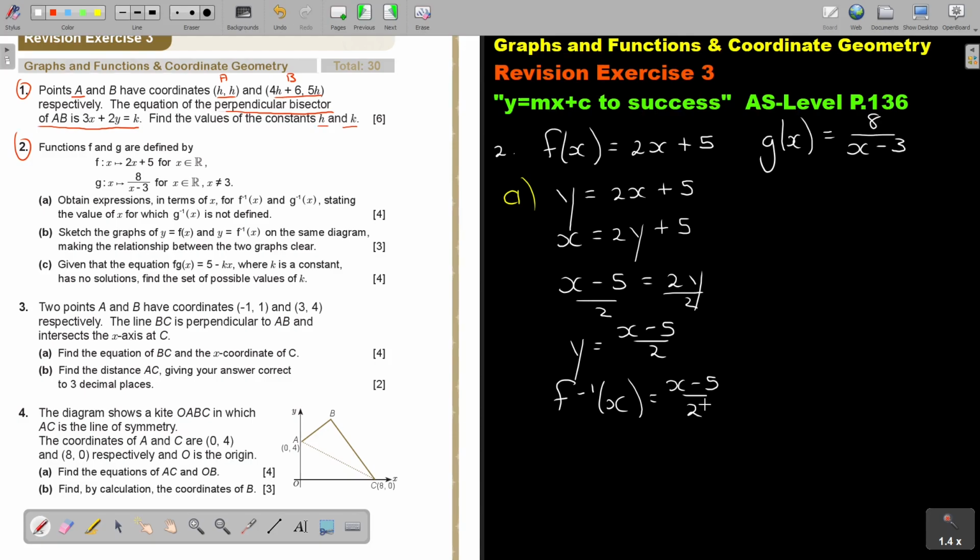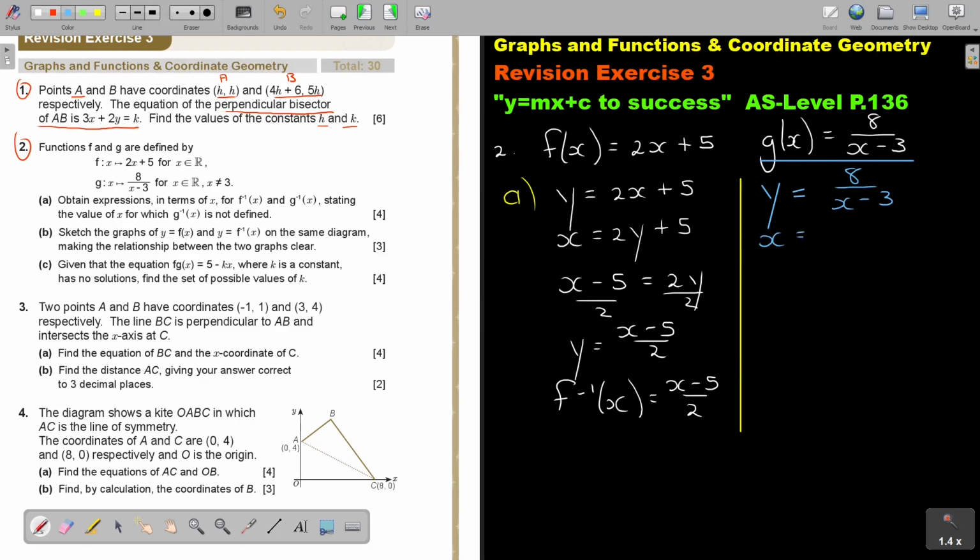Okay, and again, I'm going to draw a line in between, and I'm doing that one on the side there. Let's do the next one also. I think I'm just going to change colors, it will help. It's the blue one. So y is equal to 8 over x minus 3.